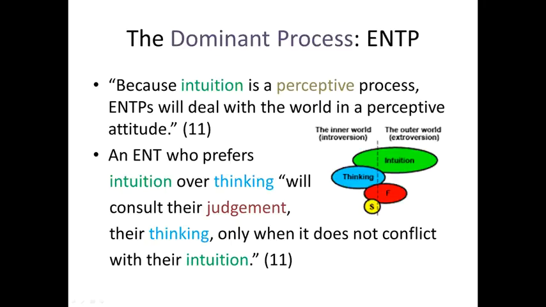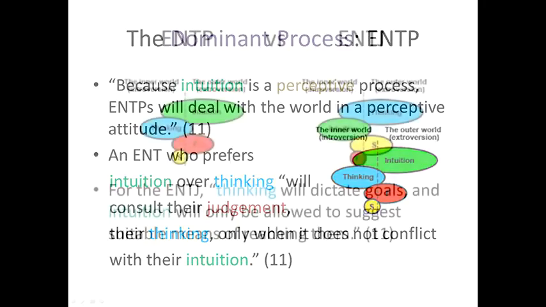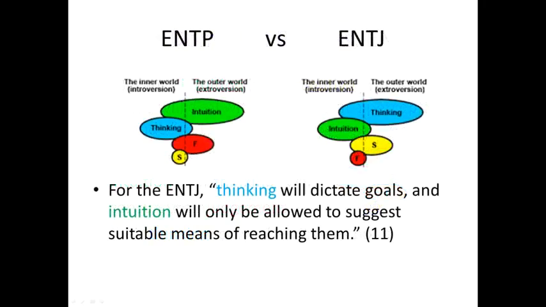Now for extroverts, if the last letter is a J, that means that they prefer a judgment function. So that means, for example, if it's ENTJ, as we can see here, you have thinking at the top, and thinking would be extroverted then, because if it's an extrovert, the top function is extroverted.